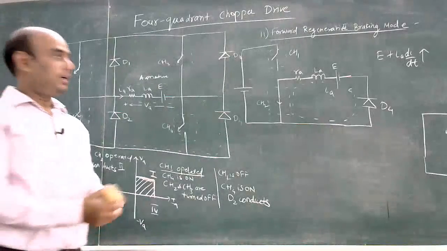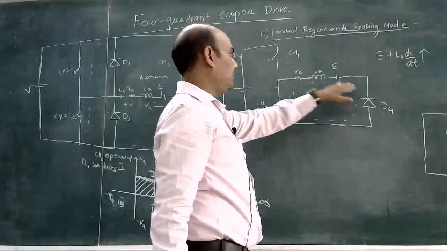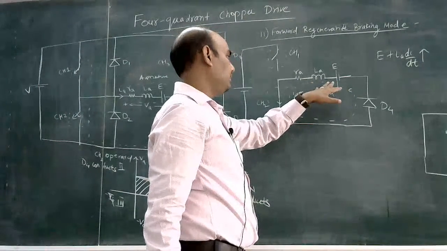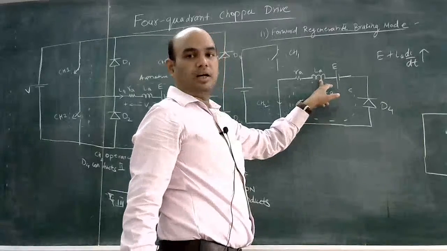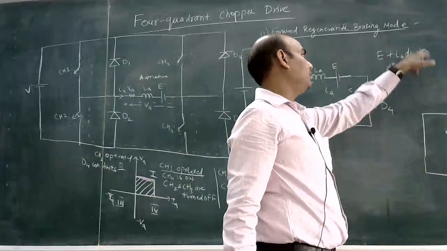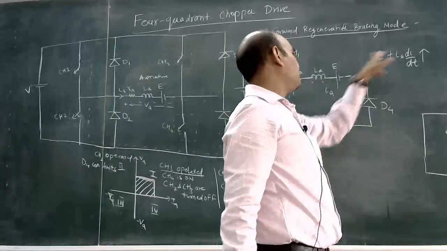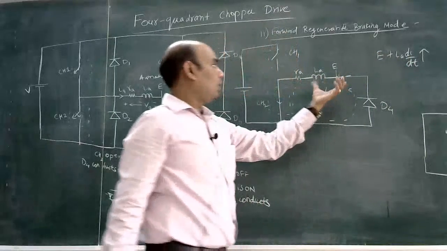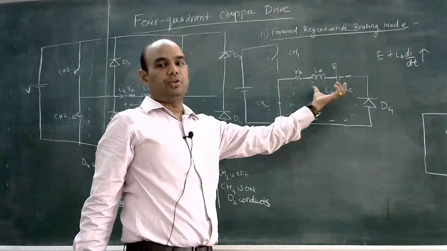Okay, so the generated voltage of the armature of the motor is increasing as we are charging this inductor, and the voltage across this inductor, LA di by dt, is increasing, plus IA RA. So this will be the voltage across the motor.